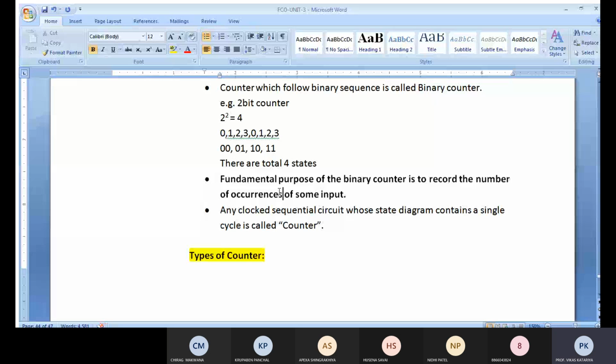Like suppose you give an input like two, but how many times have you given two? Four times. This thing is done by the binary counter. So for any input, how many times it is given to the program is done by the binary counter.